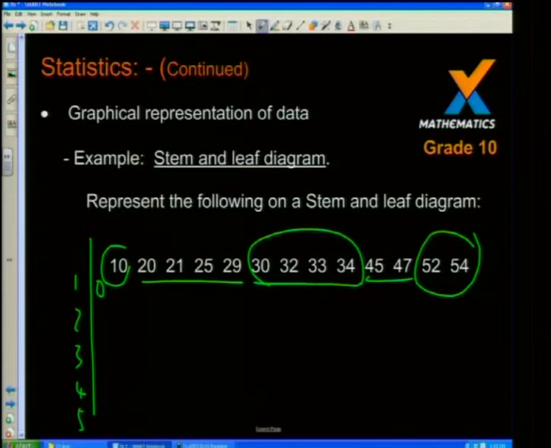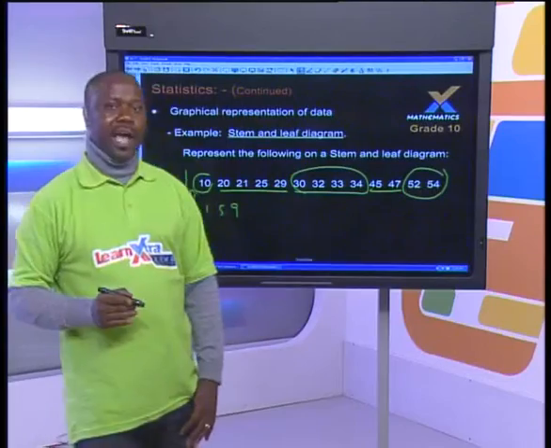So in this case 0, the other one is 0, 1, 5, 9. The beauty of this is that you are plotting the frequency, but you do not lose the information about the actual values. You carry on like that, and that's what you call the stem and leaf diagram.